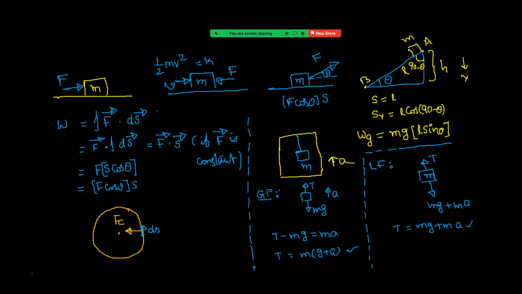So if you take small displacements, it will be along a tangent. Between this displacement vector dS bar and this force vector, the centripetal force, the angle is now 90. Okay. So if you take any small time interval, or any small displacement, it is always along the tangent direction, and the centripetal force is always towards the center.